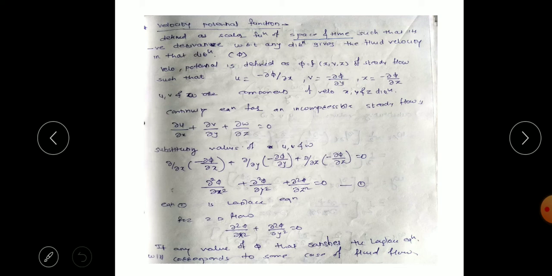So using the continuity equation, we have ∂u/∂x + ∂v/∂y + ∂w/∂z = 0.